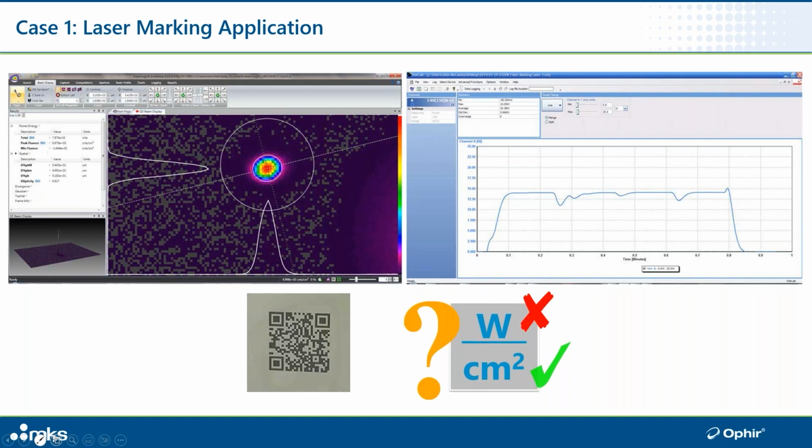But really, if you're looking at this particular laser that we are measuring, since the power was fluctuating so much, how would that affect the mark of this QR code? How would it affect the overall integrity of this QR code if one or two of these cells were missed? If it didn't mark for whatever reason, it could very easily invalidate this particular code if that happened.